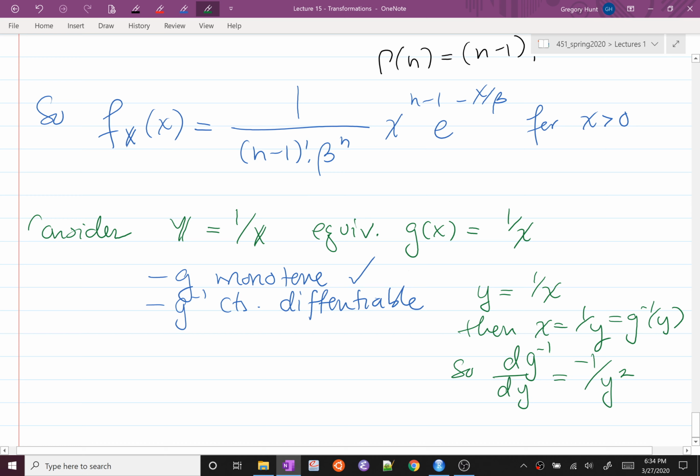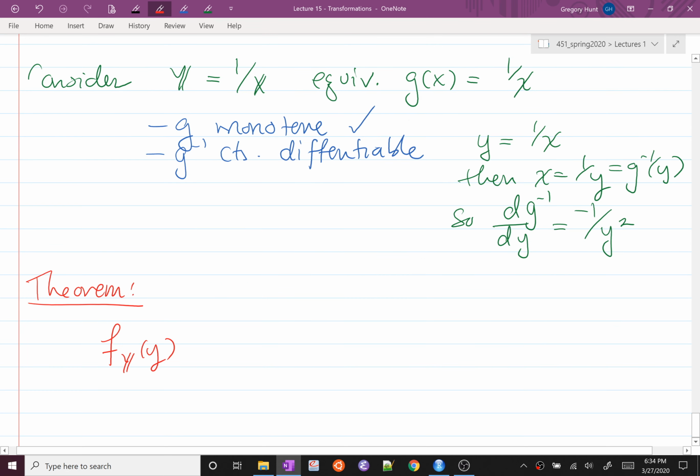It says that if I want to get the PMF or PDF of y, f_Y of y, I can look at the PDF of x, I plug in g inverse of y, and I multiply by the derivative d dy, so something like that, right?